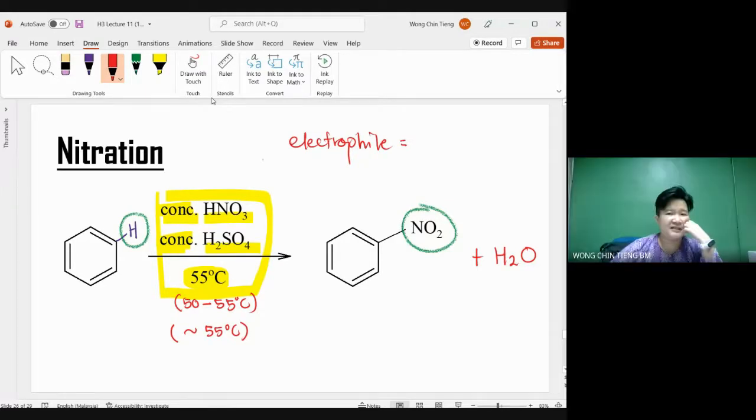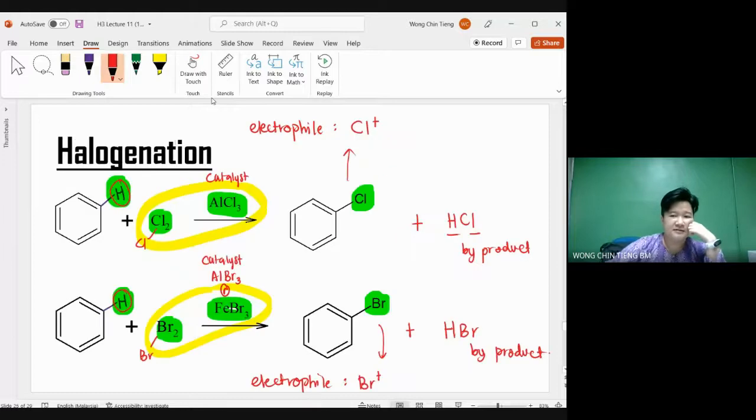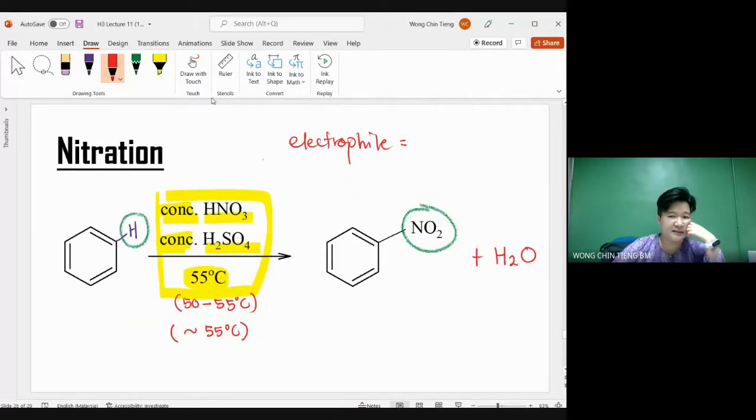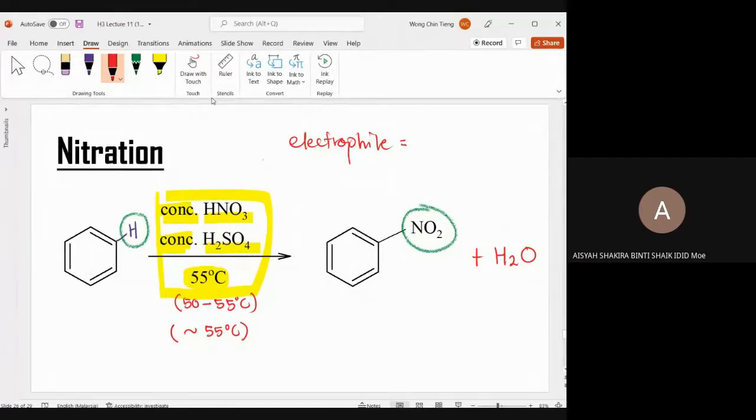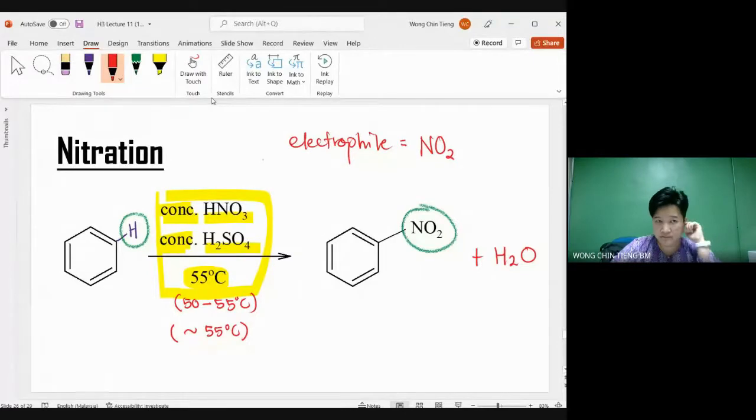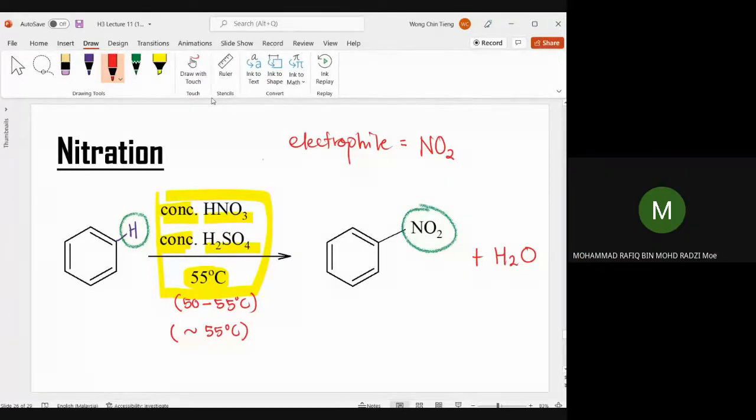H plus? Look, who is the electrophile? The one that replaces H is the electrophile. So who replaces H? NO2. NO2 what? NO2 minus?